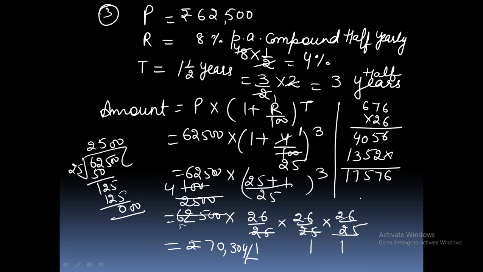Then again multiply by 4. 4 6s are 24, 4 7s are 28 plus 2, 30, 4 5s are 20 plus 3, 23, and 4 7s are 28 plus 2, 30, 4 1s are 4, 4 plus 1 is 7. This is your answer for the amount. Now you can calculate compound interest by this formula, amount minus principal.